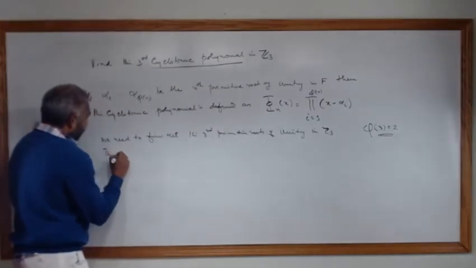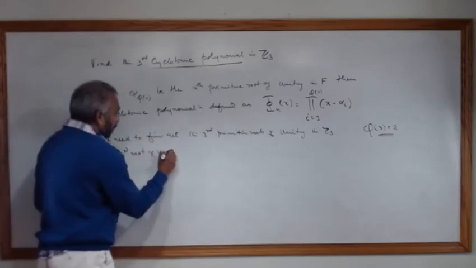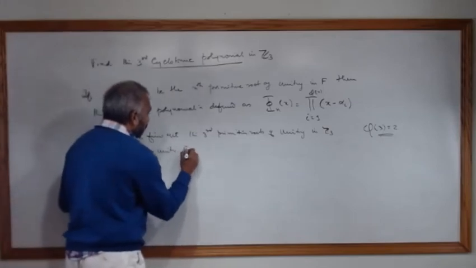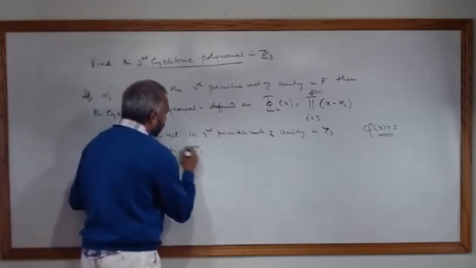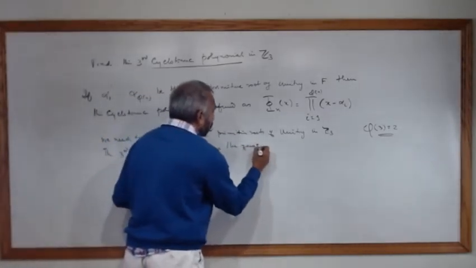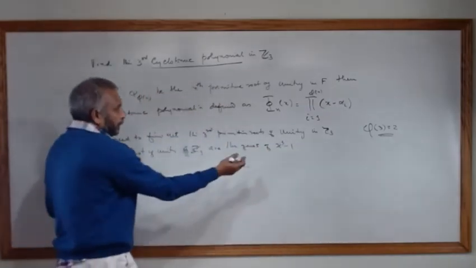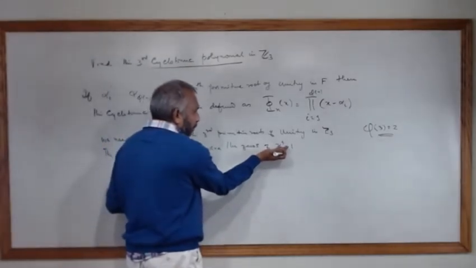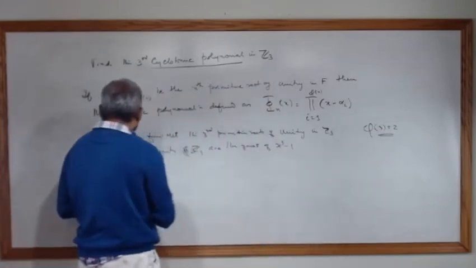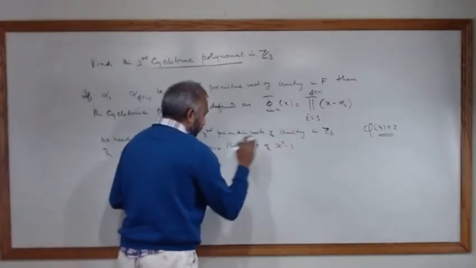The third roots of unity in Z3 are the zeros of x cube minus 1. There are 3 zeros here, out of which 2 of them should be primitive roots, and the only one remaining is the 1.